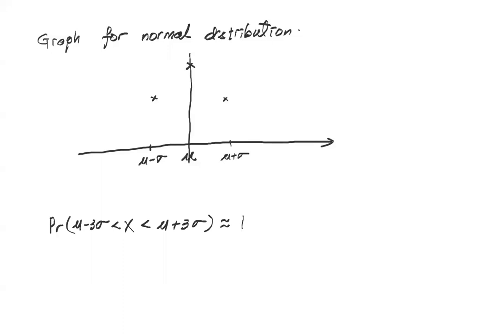After 3 standard deviations away, the chance of data being further away is negligible, so the probability density graph fades away. So this will be your normal distribution graph.